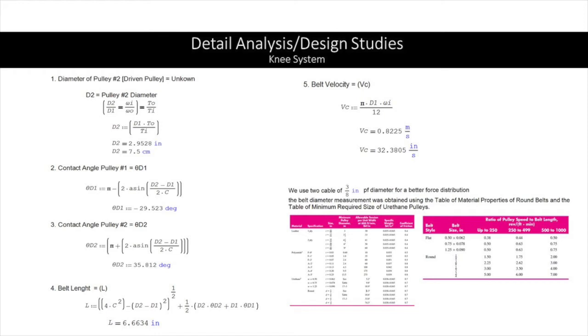That gives us a belt length of about 6.6634 inches.